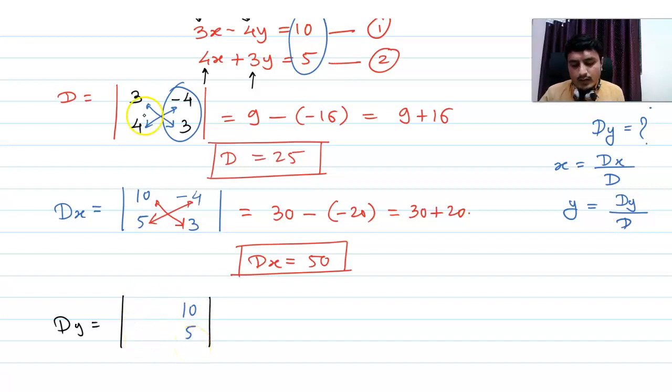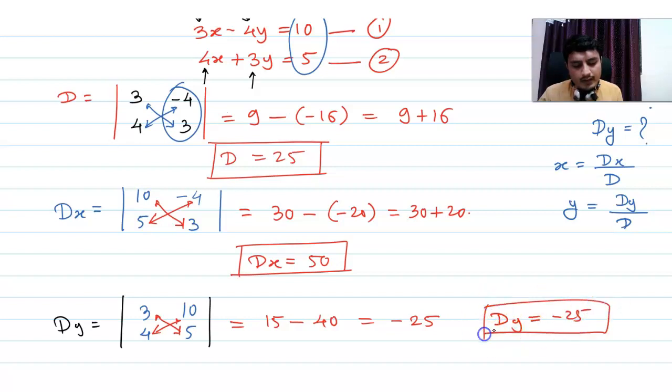What about the first column? 3 and 4 from D remain as they are, that are the coefficients of variable x from equations 1 and 2. Try to simplify the given determinant. 3 into 5 is 15, minus 4 times 10 is 40. So 15 minus 40, we get minus 25. So the value of Dy, I am writing, is -25.